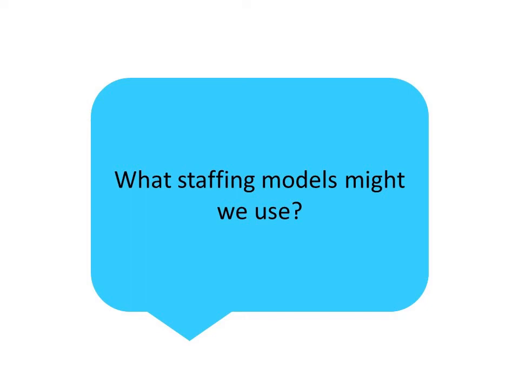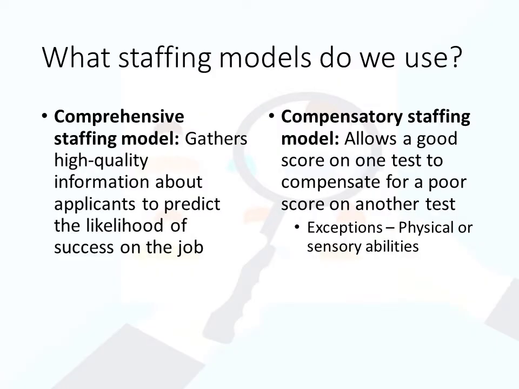In part 3 of this lecture, we're going to look at some of the staffing models that IO psychologists might use. When we use a comprehensive staffing model, we collect information that is relevant to multiple components of the job. We might administer 5 tests, and we use the 5 scores for each applicant to make decisions.